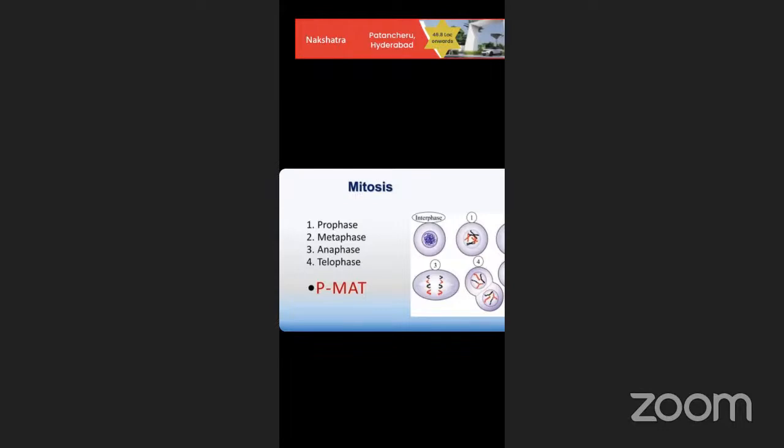The process of mitosis is characterized by the duplication of the chromosomes, their separation and distribution to the daughter nuclei. This part of the cell division is called nuclear division or karyokinesis.